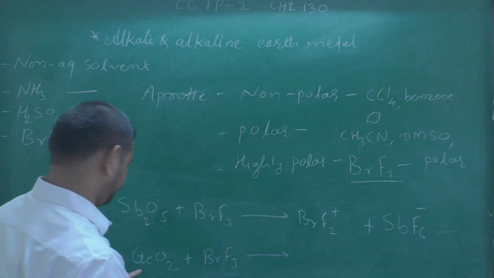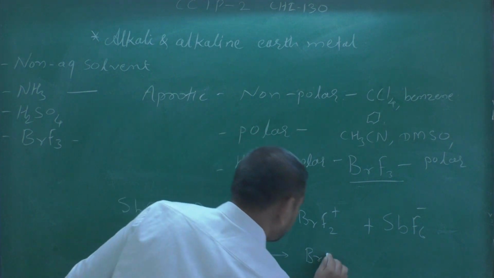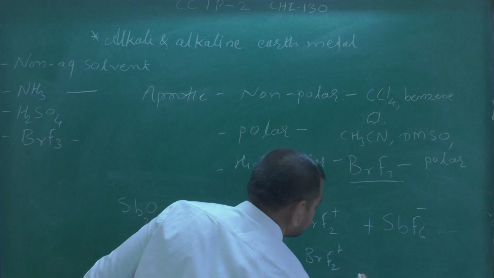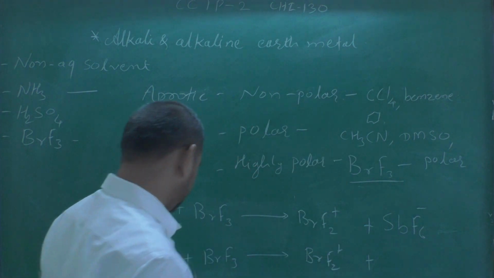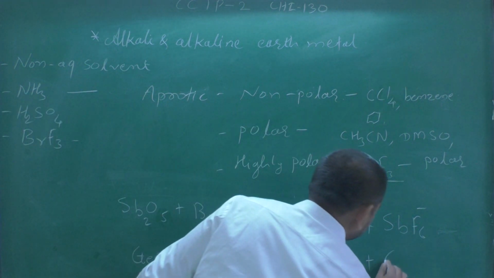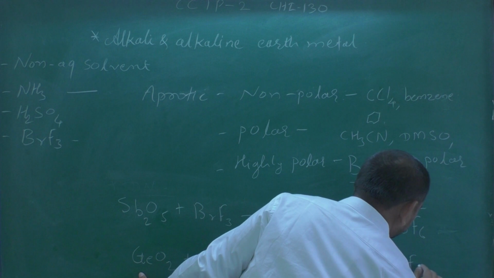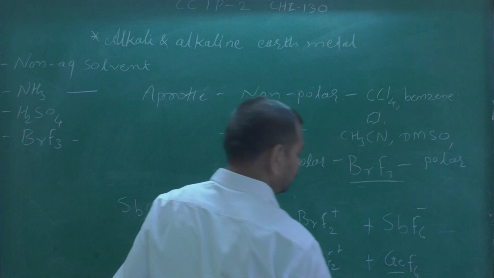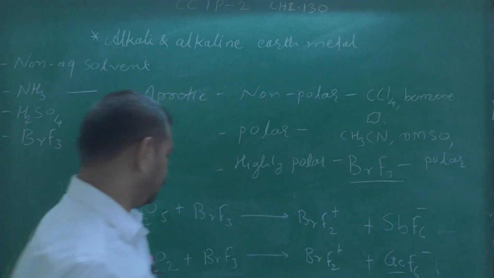It gives BrF2+ cation and then ZrF6, with a d orbital present, and other byproducts.